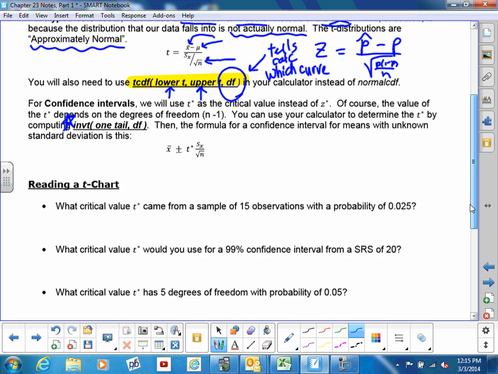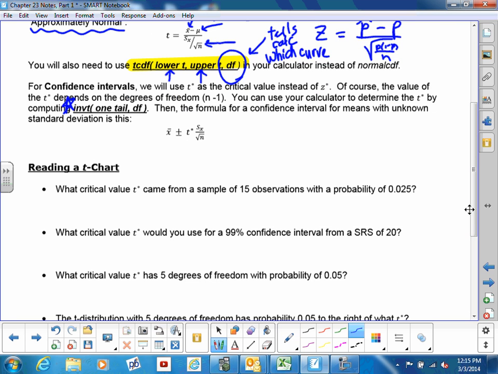For confidence intervals, if we want to get a t-star, look here. It used to be that our confidence intervals were p hat plus or minus our critical value times this. But here we have means: the sample mean plus or minus a t-score critical value.